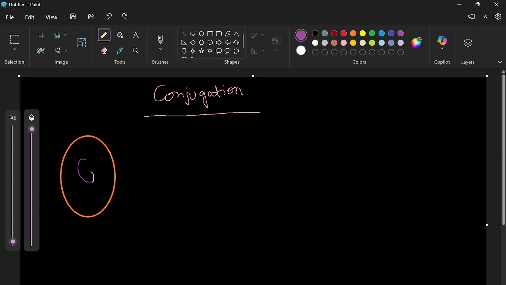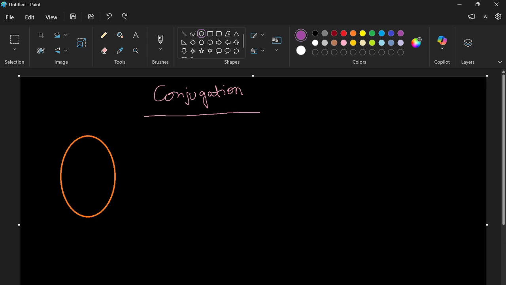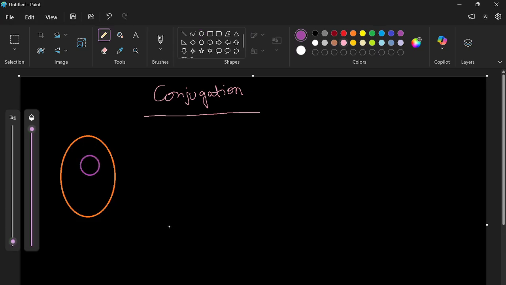Sorry, this is a bit messy. So this is a normal chromosome, and this is the plasmid which has been recombined.